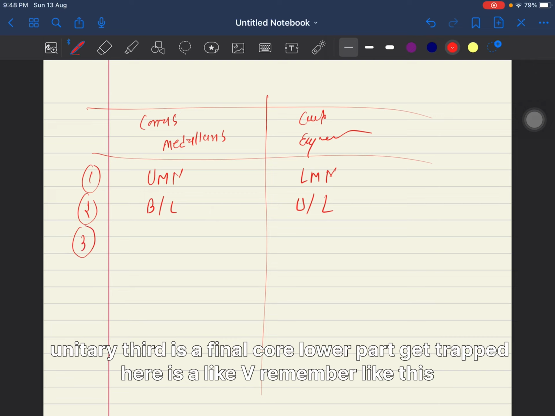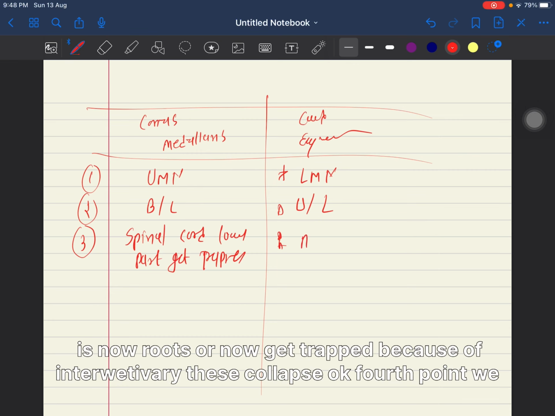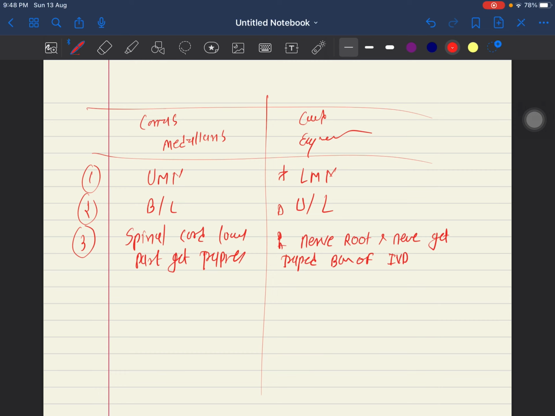Third, the lower part of the spinal cord gets trapped here, while here the nerve roots get trapped because of intervertebral disc prolapse.